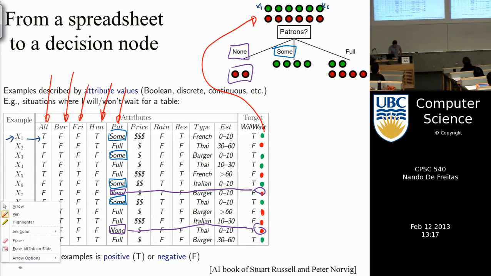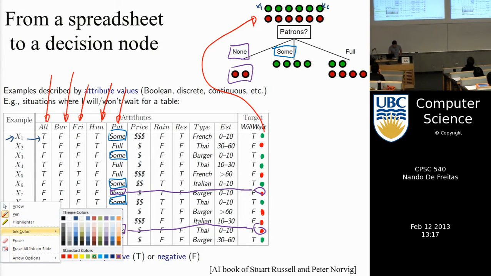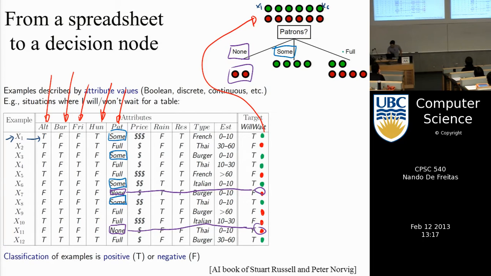And then you have the customers corresponding to full, of which there are exactly 6 of them. Okay?